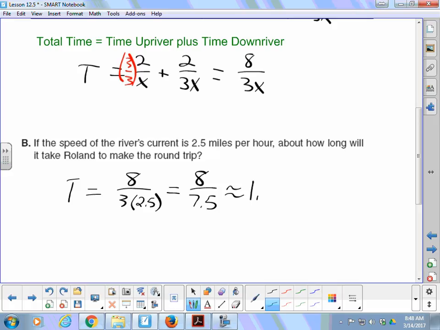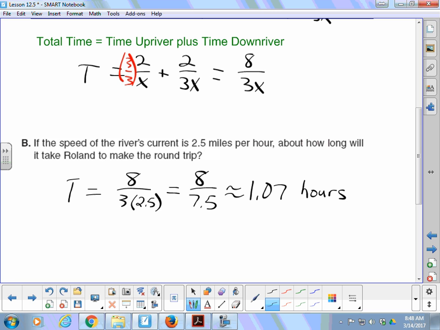So it's approximately 1.07 hours for Roland to paddle down the river and then come back up the river. If he's smart, he'll go up the river first and then go down the river, right?